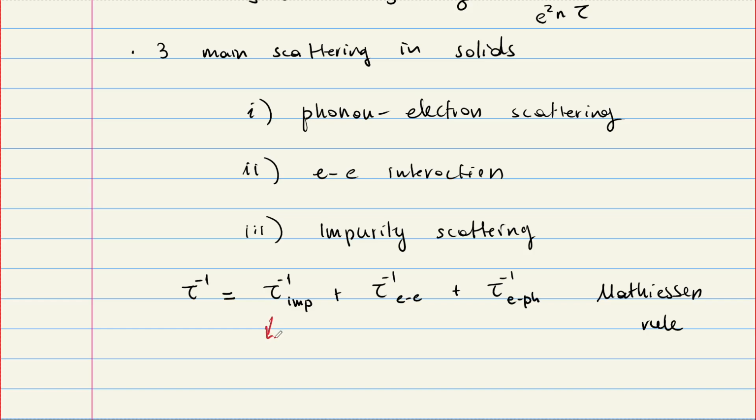And this one is temperature independent. This one, I think we'll come to at some point, is T squared. There is a phase space argument why two electrons need to have T squared dependence, and this one is T to the 5 dependent.